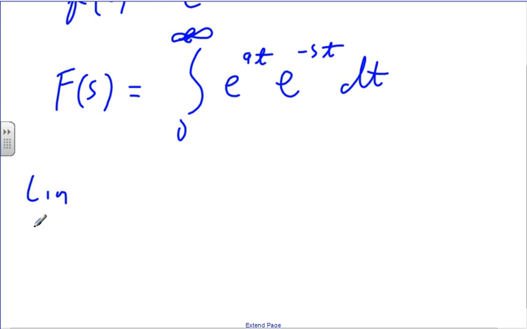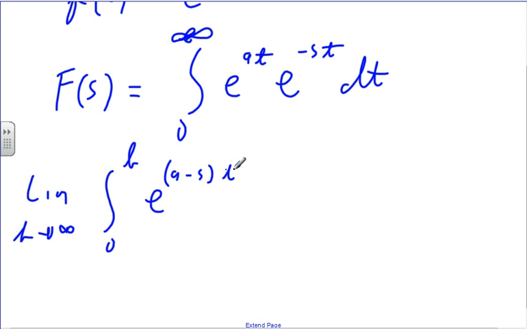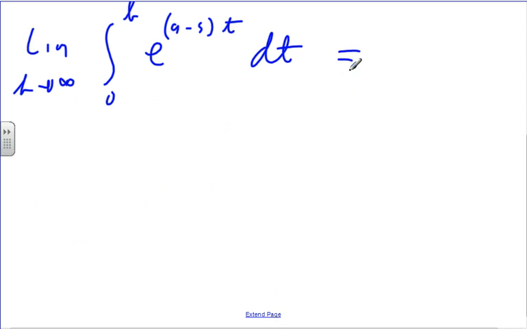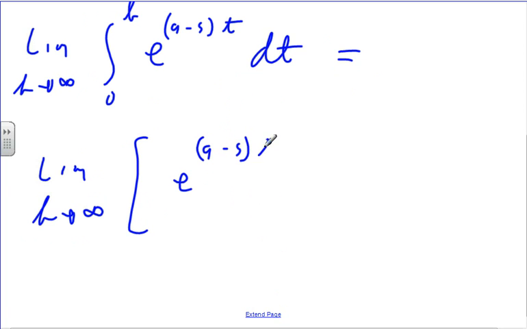The limit as b goes to infinity of the integral from 0 to b of e to the (a minus s)t dt. The limit as b goes to infinity of e to the (a minus s)t divided by (a minus s), evaluated at 0 and b.